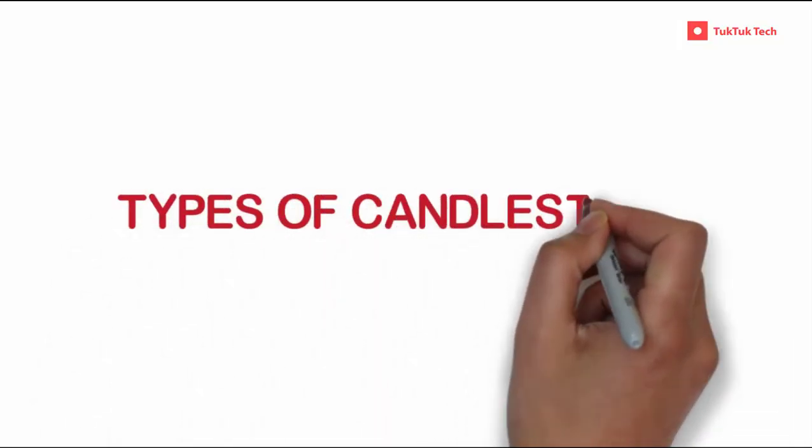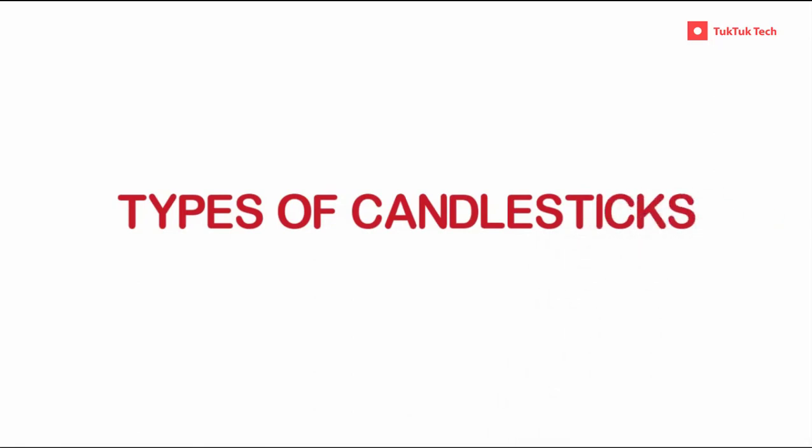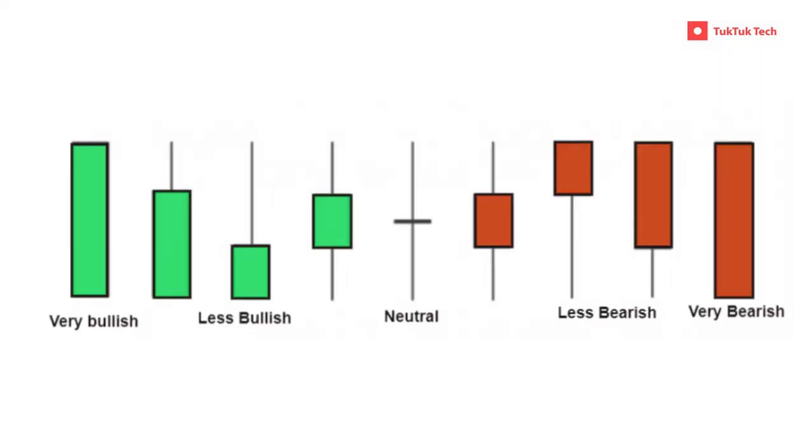Types of candlestick. Candlesticks come in all shapes, sizes, and combinations. Your ability to quickly piece together the market's puzzle using this vital information will be extremely beneficial to your trading success.